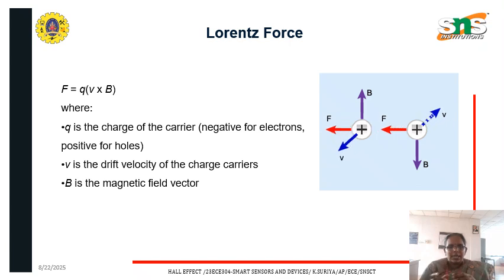The moving charge carriers, that is either electrons or holes, experience a Lorentz force, which is given by the equation F is equal to Q into V into B, where Q is the charge of the carrier, which can be negative for electrons and positive for holes, V is the drift velocity of the charge carriers, and B is the magnetic field vector.